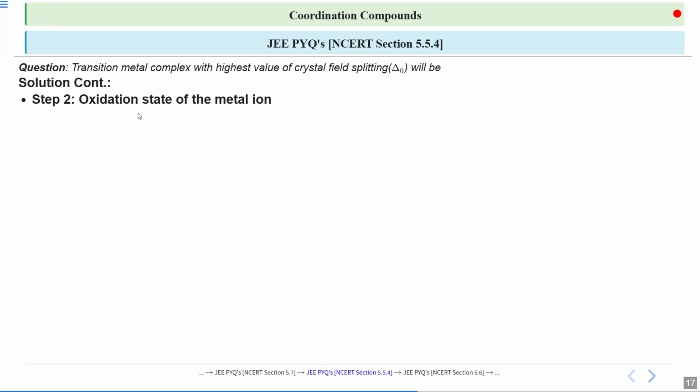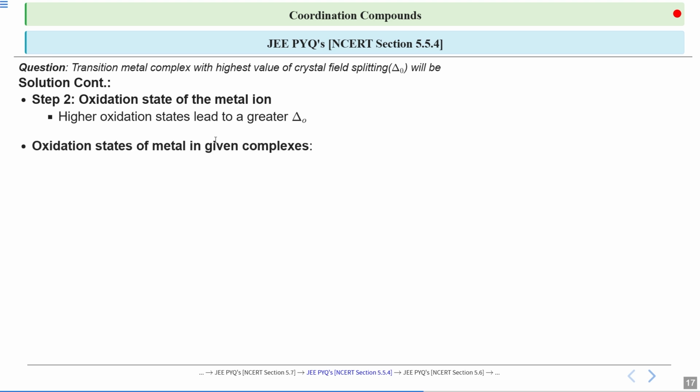Step 2, the other factor we can observe is the oxidation state of the metal ion. Higher oxidation states lead to greater delta naught. So if the metal ion has a higher oxidation state, that means more splitting, that means a greater crystal field splitting, delta naught value, right?